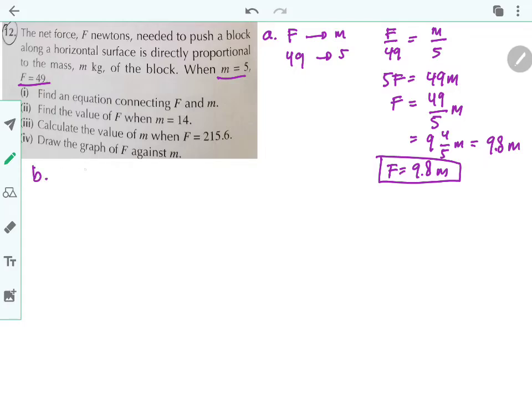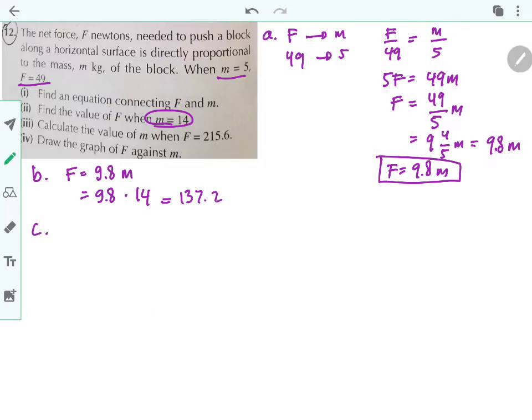We find the value of F when M is equal to 14. So what we need to do here is just substitute this value into the equation. So F equals 9.8 times M, then 9.8 multiplied by 14, that will be equal to 137.2.